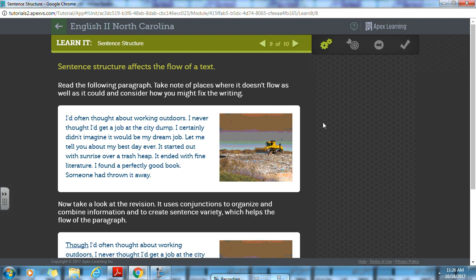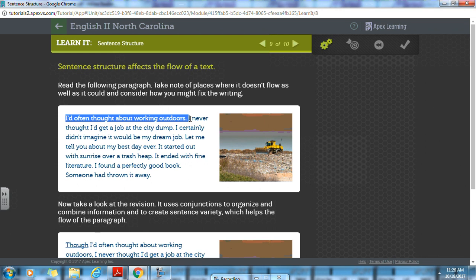So the last thing we want to talk about is how sentence structure affects the flow of a text. So take notes of places where it doesn't flow as well as it could, and then consider how you might fix the writing. So automatically, I often thought about working outdoors. That's a good direct statement.